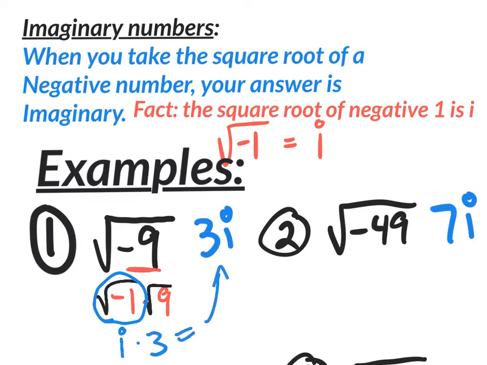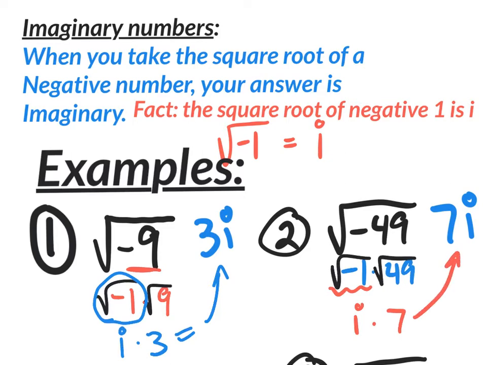The explanation for number 2 is that -49 could be rewritten as -1 times 49. You could split the root, and the square root of -1 is i, the square root of 49 is 7, so i times 7 is 7i.